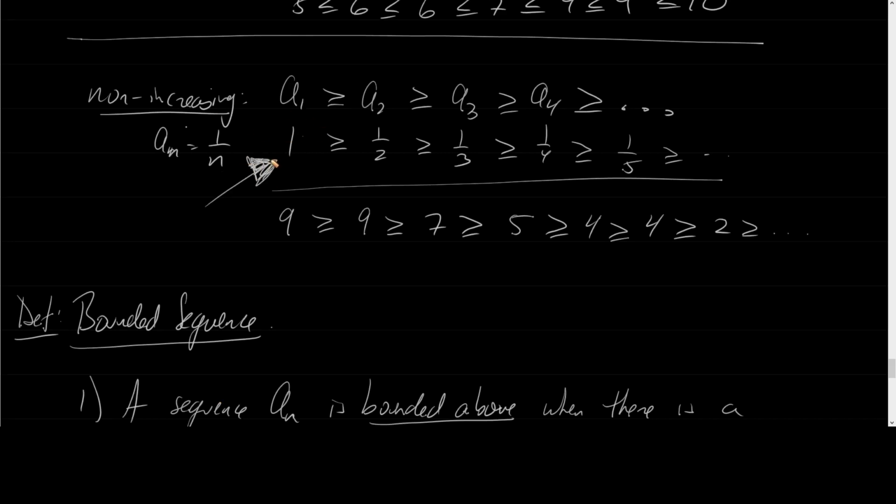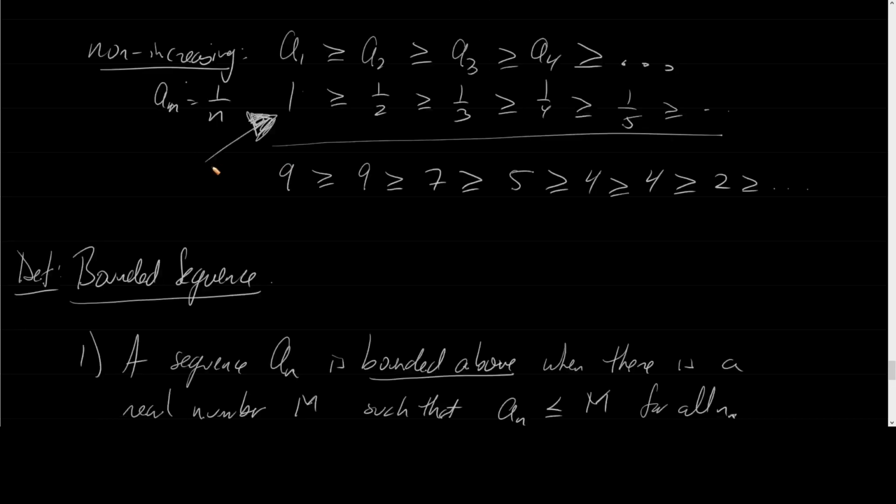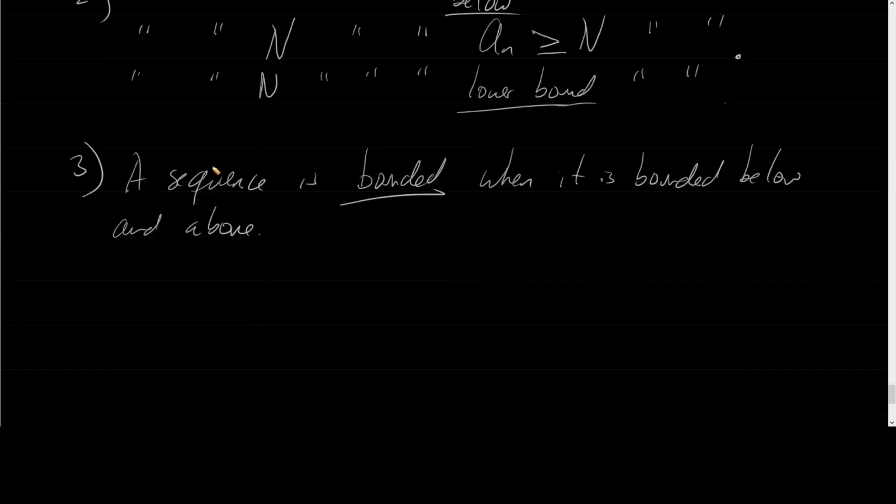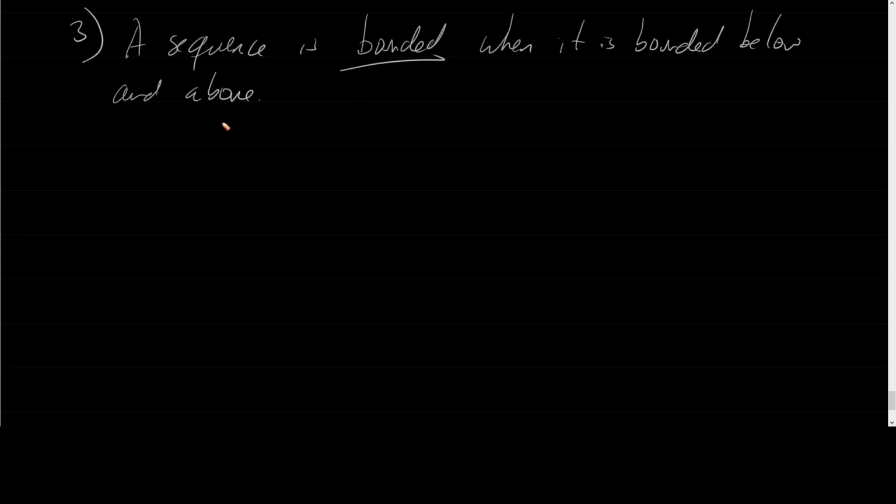It's bounded below by 0 because no matter what I plug in here, it's never going to be smaller than 0, right? Even when I get to 1,000,000, 1 over 1,000,000 is still bigger than 0, all right? So this is bounded from below and from above, which we would say means that sequence is bounded. So a sub n equals 1 over n is an example of a bounded sequence.